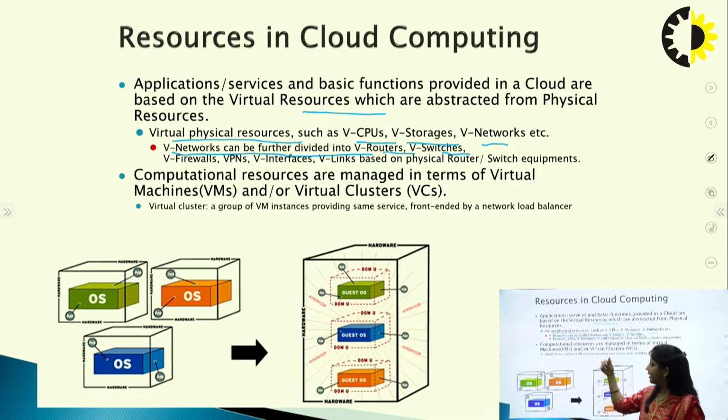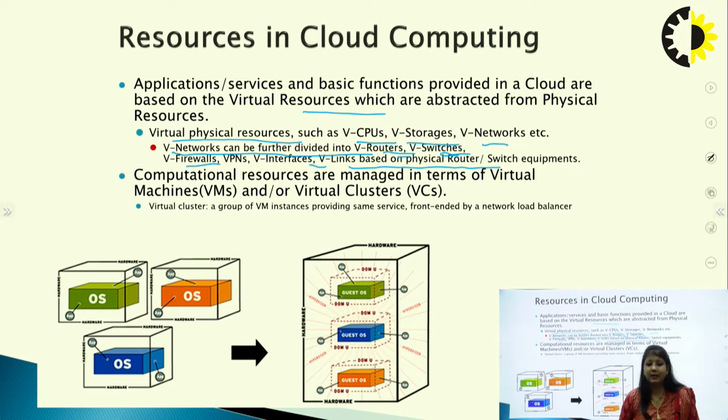When we connect all the components at the provider end, we connect our system to the network. For connection we require routers and switches, so that we can connect different virtual machines on the same server. All these kinds of resources are required: virtual firewalls, VPN (virtual private networks), virtual interfaces, and virtual links based on the physical router.